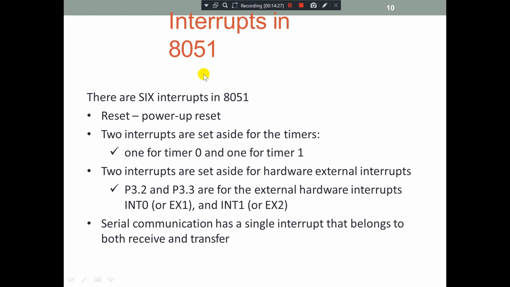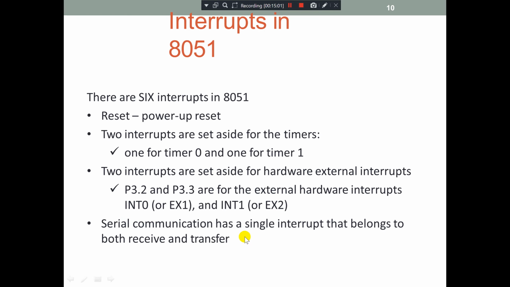Interrupts in 8051. There are 6 interrupts in 8051. Reset, that is power up reset. 2 interrupts are set aside for timers, one for timer 0, one for timer 1. 2 interrupts are set aside for hardware external interrupts, that is pins P3.2 and P3.3, INT0 and INT1, for external 0 and external 1.